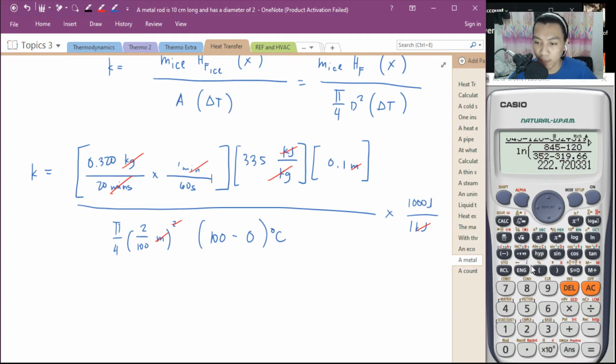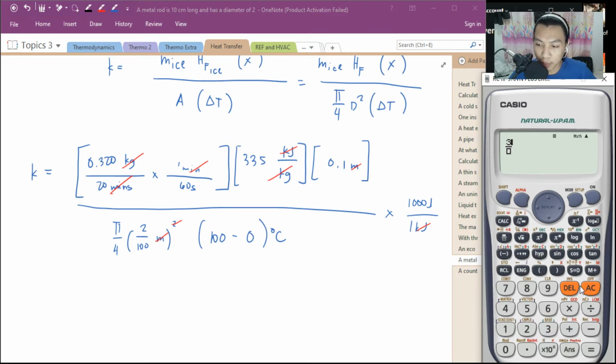Okay. Let us solve. 0.320 times 335 times 0.1 times 1,000. Okay? Tapos meron tayong 20 times 60 sa ilalim times pi over 4 times 0.02 squared times 100.